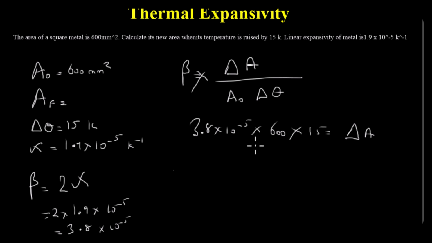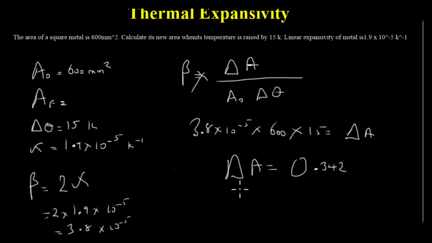Okay, so delta A will now be equal to, using my calculator, 3.8 times 10 to the power of negative 5 multiplied by 600 multiplied by 15. So my change in area is 0.342. That's my change in area.